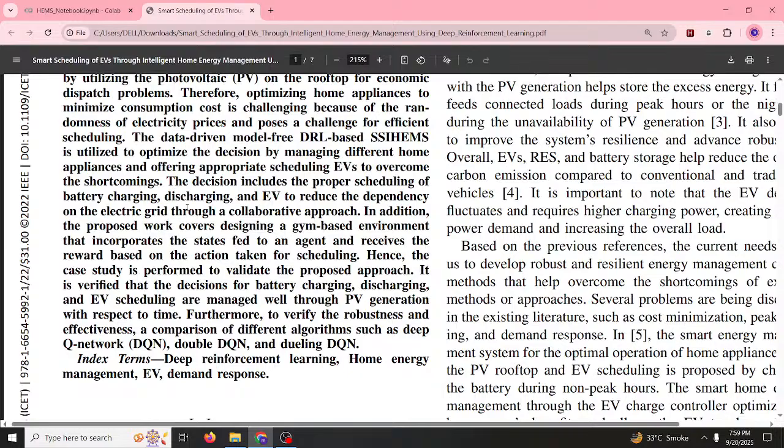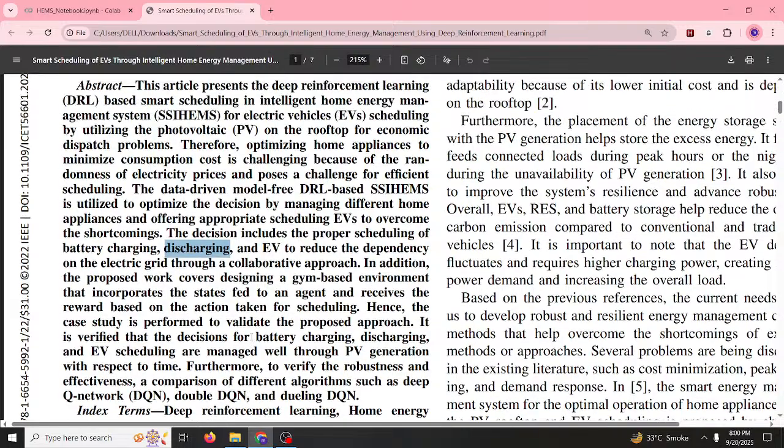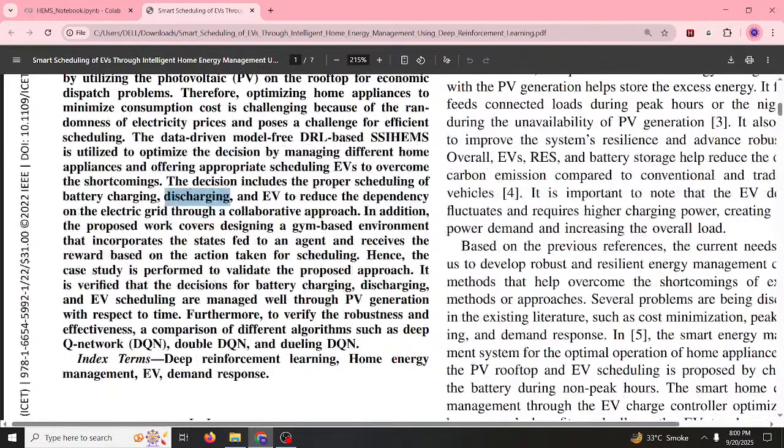Here the decisions that are in the hands of the reinforcement learning agent are the charging of batteries, discharging the batteries, and scheduling the appliances and EV as well. Import and export are also decisions of the agent. These are mainly called actions. So in this session we will cover the coding of this paper mainly. I am introducing this paper to you for reference, and we will be mainly discussing the coding section.